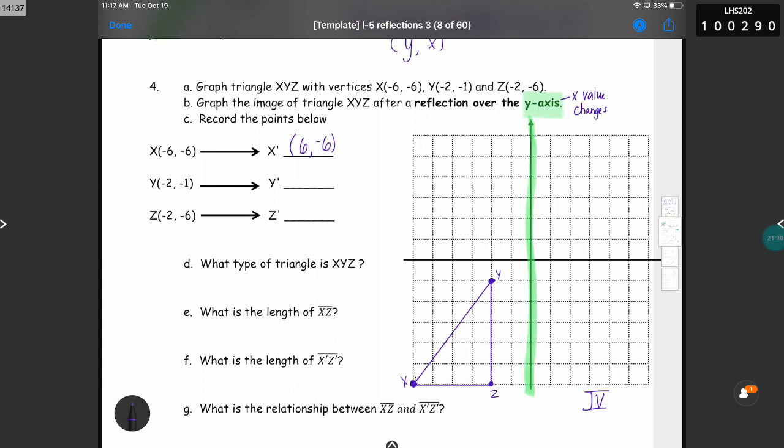And then Z would be +2, -6. And what is y prime, since that's the only one we have left? 2, -1. Okay.